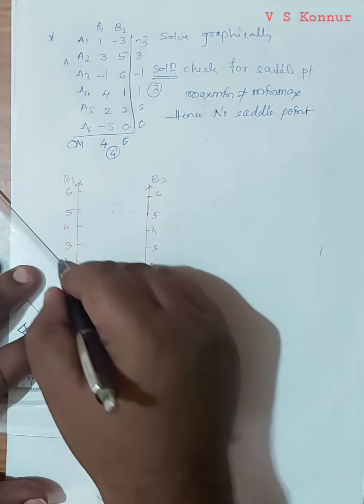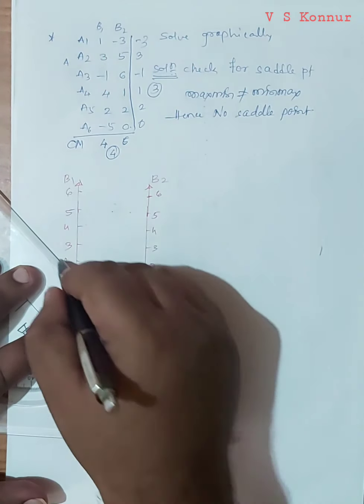So call it as A2. Next, A3, B1 is minus 1 and B2 is 6. Call it as A3.